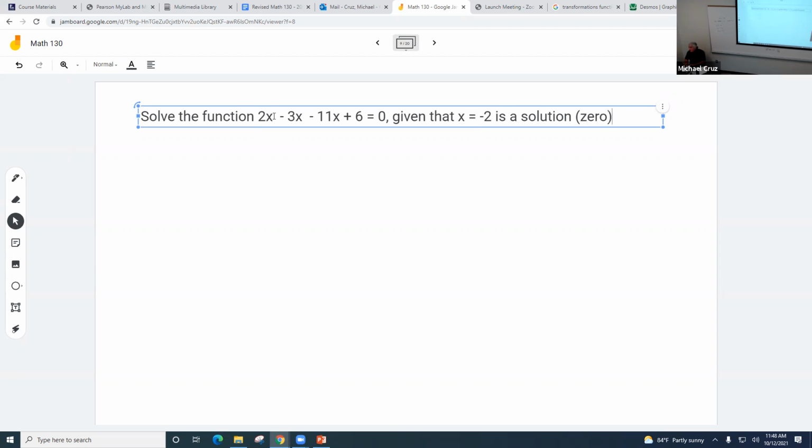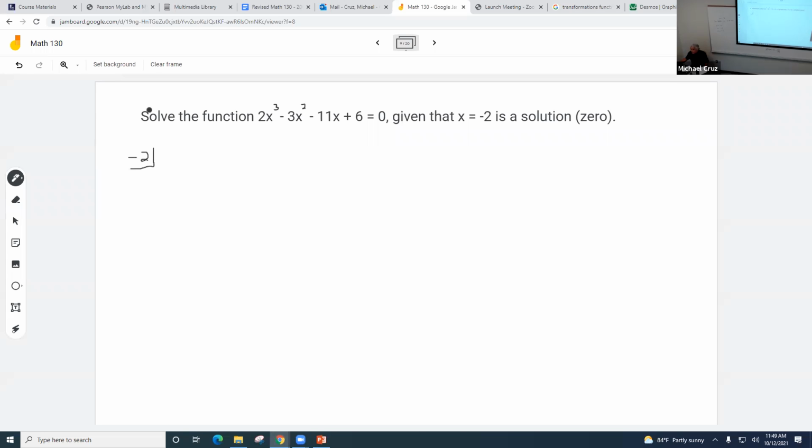If they haven't figured it out by now, that means the same thing as zero. This book uses the term zero at the bottom. So that's cubed and squared. What we're going to do is use synthetic division and do what we've been doing the whole time.